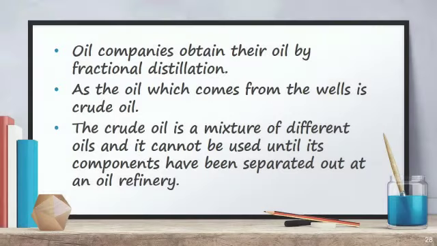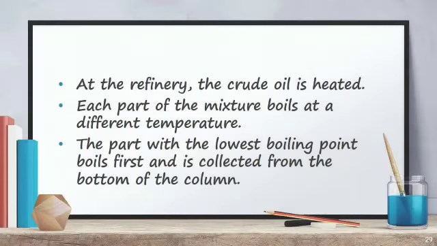Crude oil, which is a mixture of different oils like petrol, kerosene, and different hydrocarbons, cannot be used until it has been separated out at an oil refinery. At the refinery, the crude oil is first heated in very big distillation columns, and each part of the mixture boils at a different temperature.